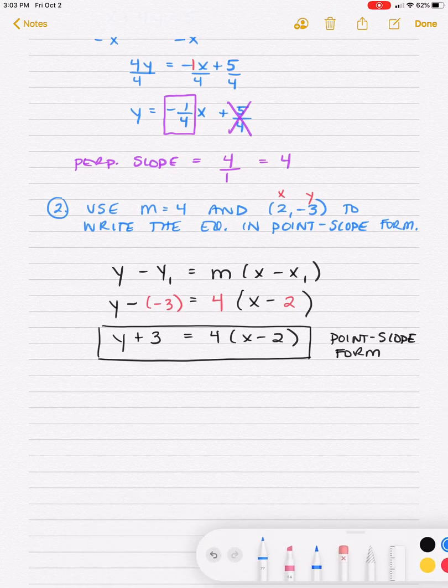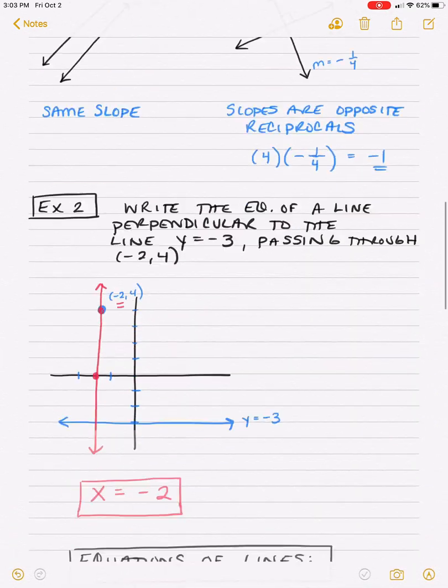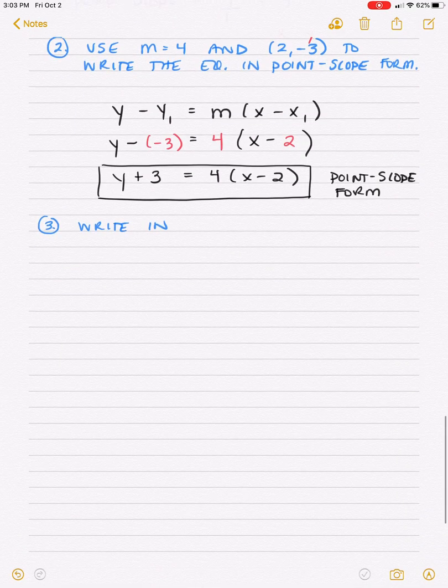But what's kind of cool about this is if you solve for y, you can write it in slope-intercept form. So all we need to do is take our equation right here, y plus 3 equals 4 times x minus 2, and solve for y.